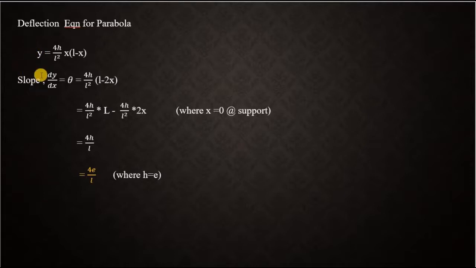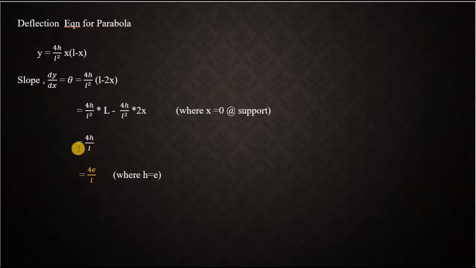Slope is nothing but the differentiation of this deflection equation with respect to x, denoted by dy by dx equal to theta. So dy by dx equals 4h by L square into (L minus 2x).